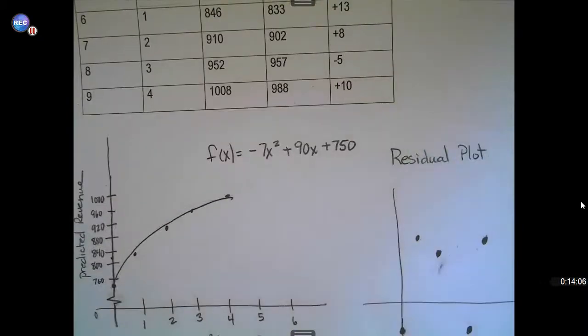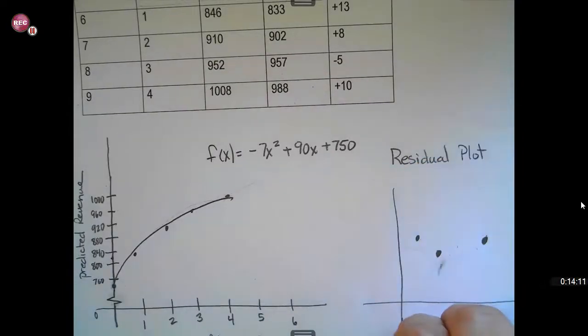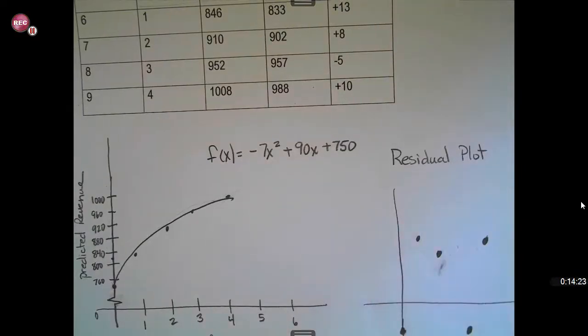If everything on my residual plot was all lumped together up here or all lumped together down here, that would be a negative correlation or a positive correlation, and we want some in both areas. Okay, so the residual plot shows both positive and negative residuals, which indicates a generally good model.